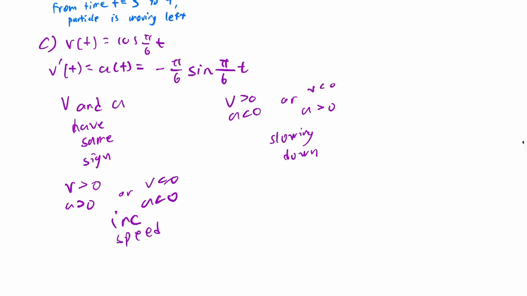And intuitively, that makes sense, because let's say your velocity is positive, you're running 5 miles per hour, and you're speeding up. That means your speed is increasing because you're accelerating more and more as you go.